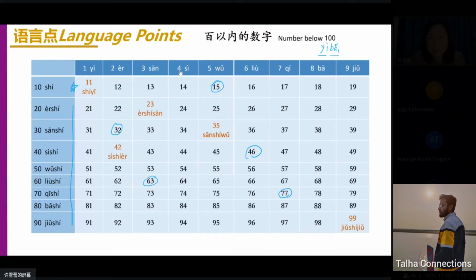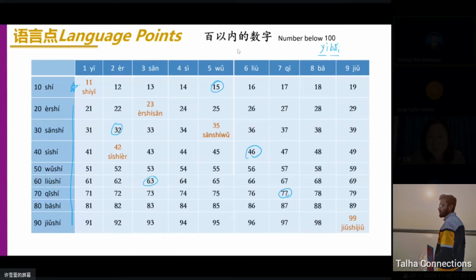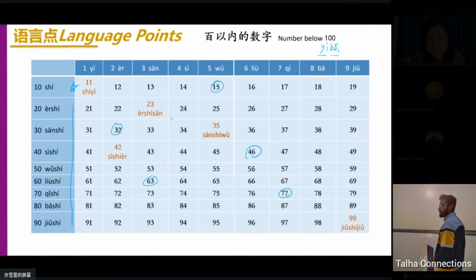So turn on your mic and tell me 24. How to read 24? 24. Good. 25.